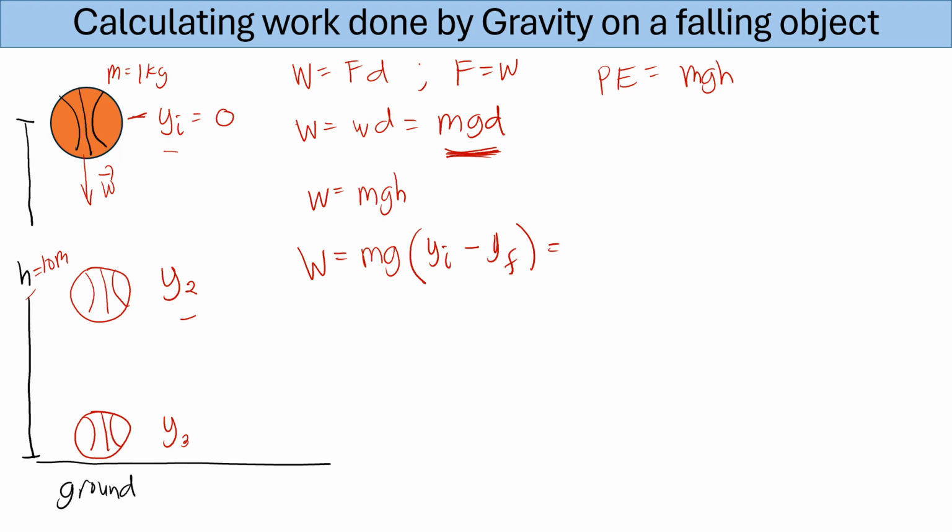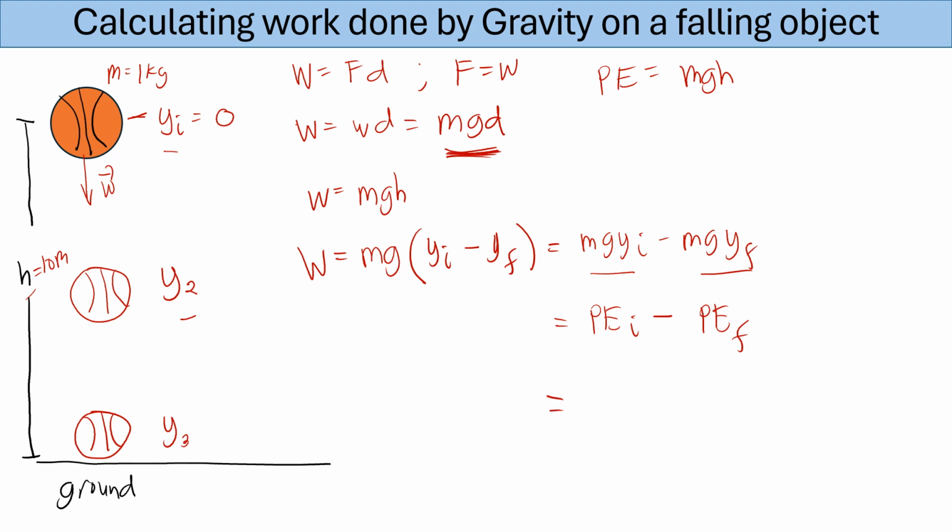If we distribute mg, this will become mg yi minus mg yf. So this term and this term, we can write as PE initial minus PE final.